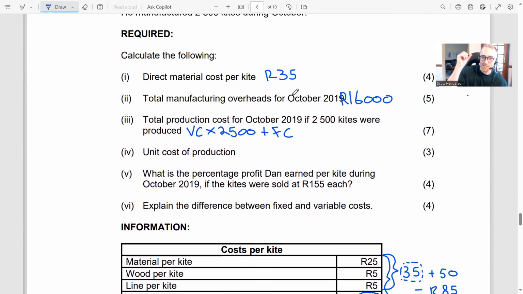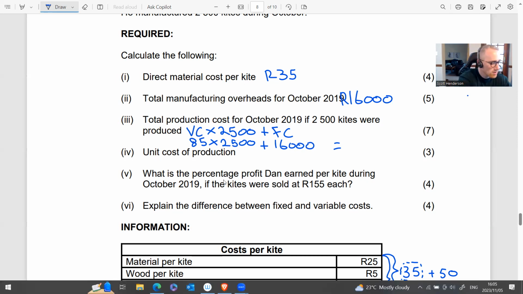Variable costs, direct material and direct labor. So we've got 85 Rand multiplied by 2,500 units plus 16,000 Rand of fixed overhead costs, which will equal, let me just open a calculator.